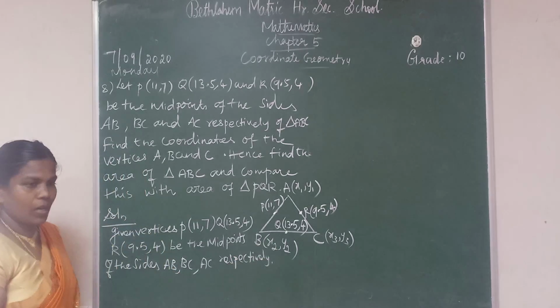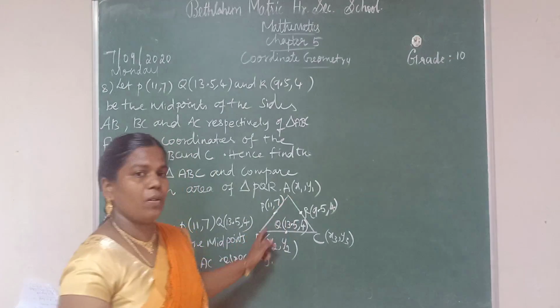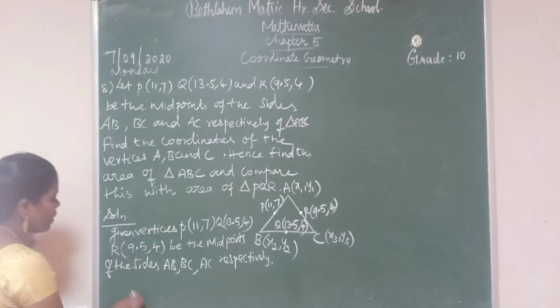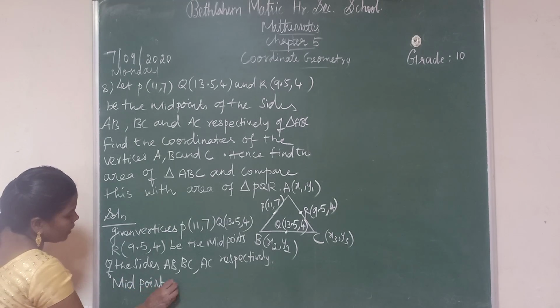To find the coordinates of A, B, C, first of all we have to use the midpoint formula. Let us find the midpoint of AB.